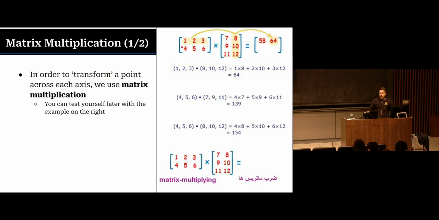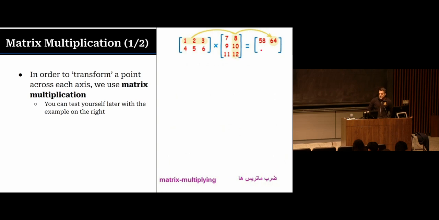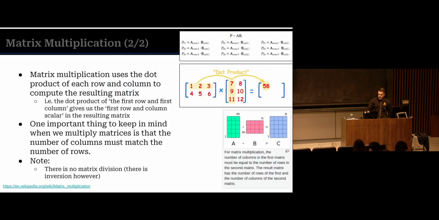If I take the dot product of, say, the second row and the first column, that gets me the second row, first column. Again, you're just doing dot products over and over and over again to do this. You could do it in parallel. That's totally fine too if you want to challenge yourself a little bit. But that's the idea. So you can test yourself later on this if you want to see it working.